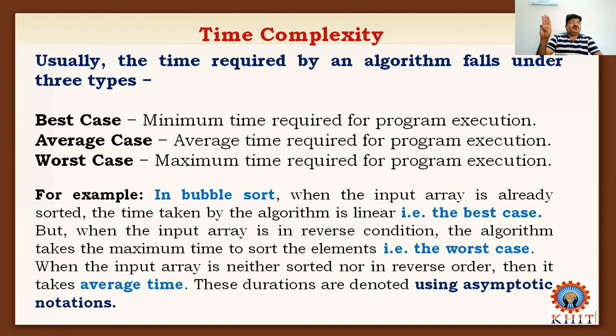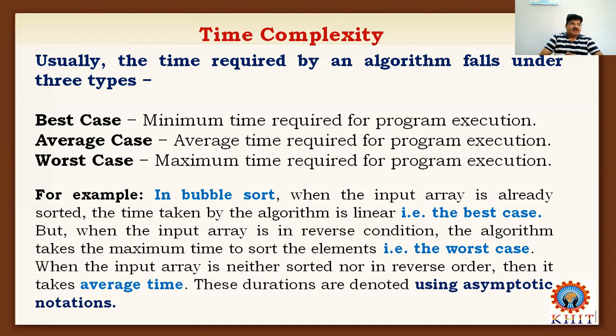Let us consider a simple example, bubble sort. In bubble sort, initially there are some n number of elements, and all the given elements are already sorted.